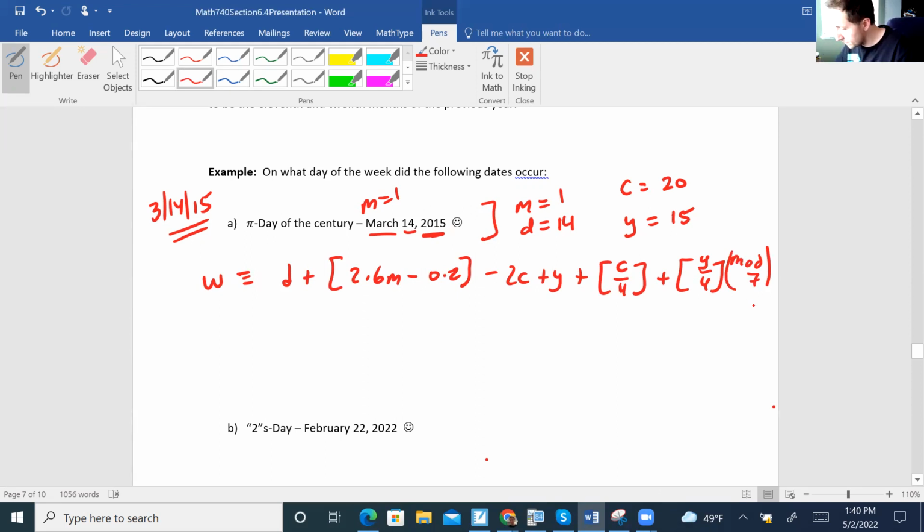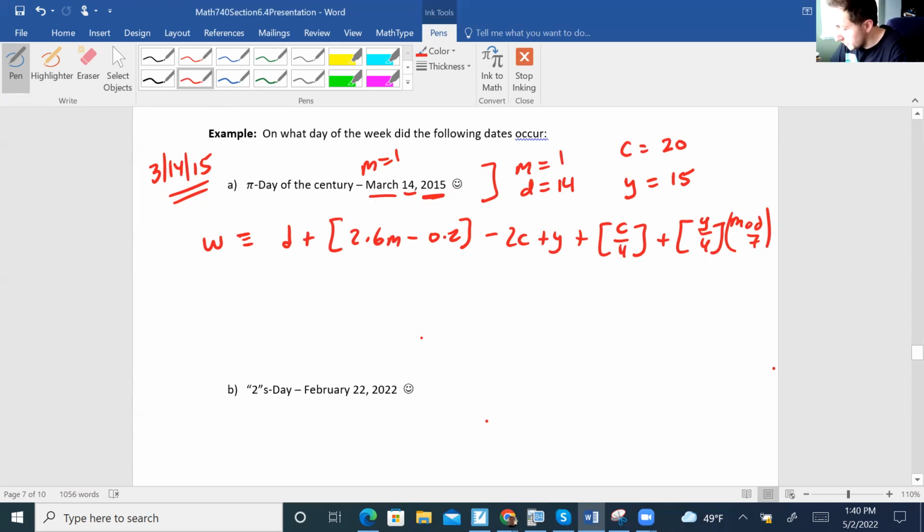So let's see what we get. D is 14, so we're on March 14th, happy Pi Day, plus 2.6 times 1 minus 0.2. This whole thing will be 2.4, which greatest integer would be 2. Minus 2 times the century, which is 20.